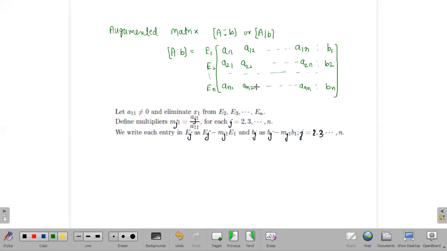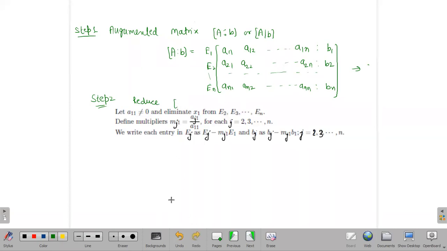Now what is the second step? First you write the augmented matrix, and second you have to check a11. This is the diagonal element. These are the diagonal elements in this matrix. So you check the first diagonal element. Our second step is to reduce this matrix into an upper triangular matrix. So I should write here: step 1 is write the augmented matrix. Step 2 is reduce this matrix.